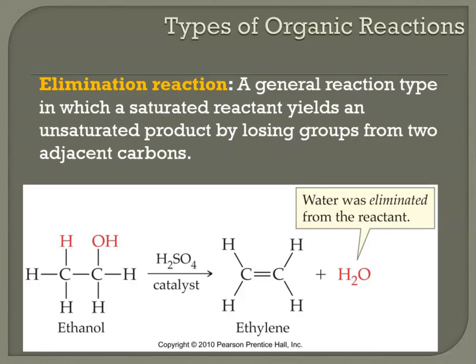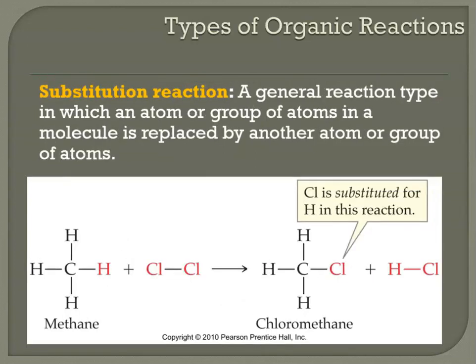So we have an elimination reaction. That's the first type. The second type is a substitution reaction. And this is where we start with 2 compounds, and then we end up with 2 compounds, but some of those functional groups have swapped out from one group to another. So we've substituted groups there.